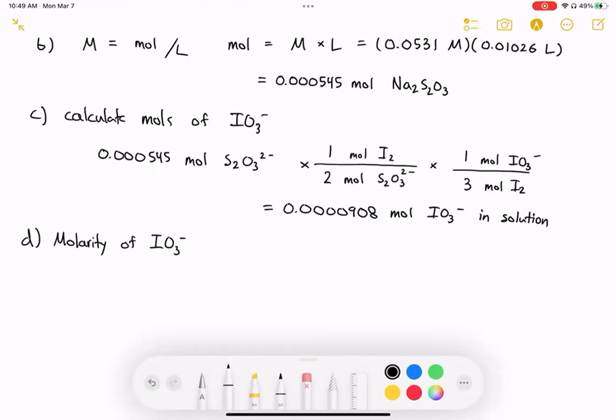So we take our moles of iodate. And if we go back to our procedures here, we should have used 5 milliliters. Okay, so we used 5 milliliters.